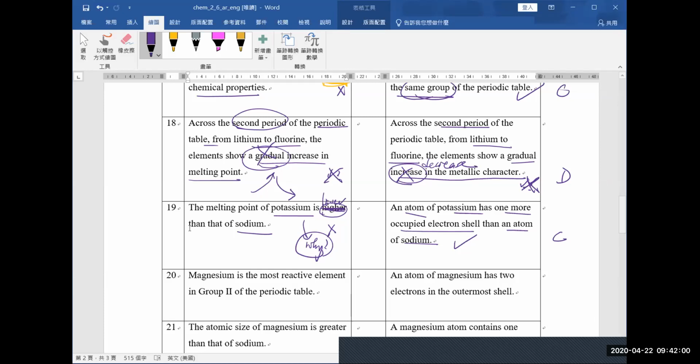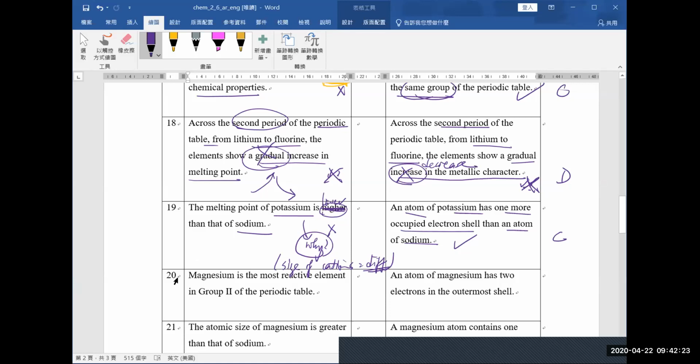Yes, this time it's what? What's different? While the others, they are the same. Only this one is not the same. But this one, the difference in size has already contributed to the difference in strength of metallic bond.